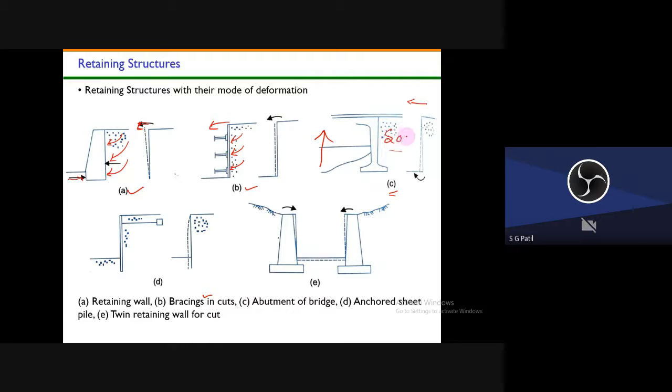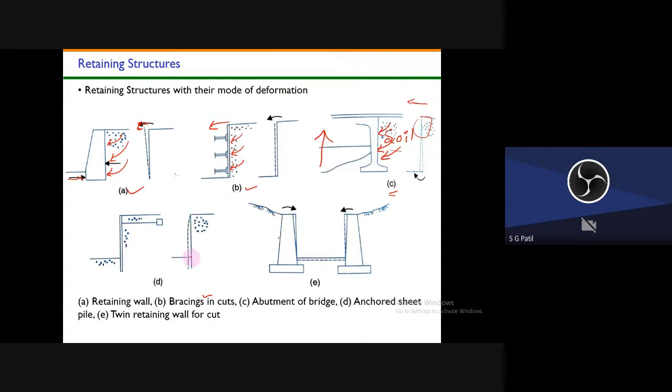This is called a bridge abutment. The soil will try to push like this, but the bridge deck will resist this and push the soil in this direction. That's why it will be fixed here, and the wall moves away from the backfill at the bottom side.